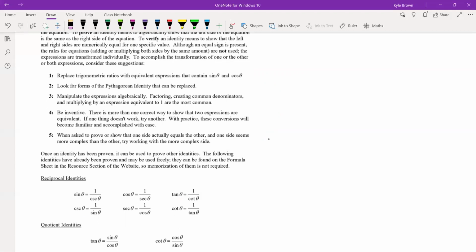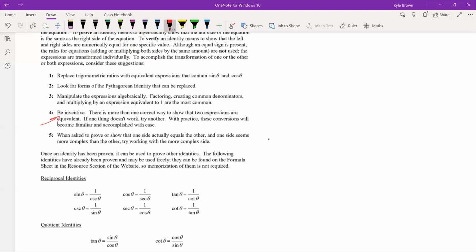So I like to break it down to sine and cos whenever I can. Look for Pythagorean identities that can be replaced. That's just one of those specific identities that I'll get to in a minute. And then we might need to manipulate them, creating common denominators, doing some algebraic manipulation to get there. Be inventive.